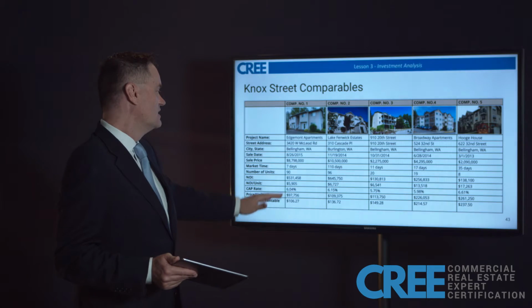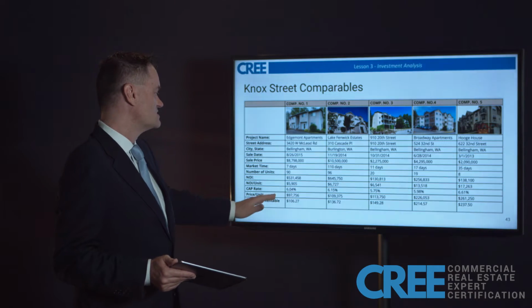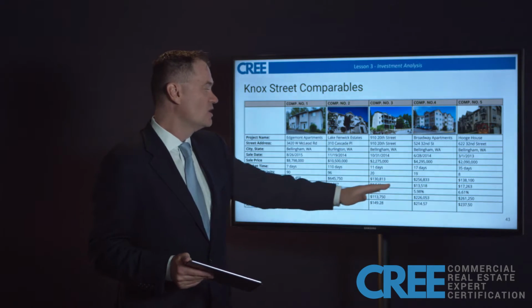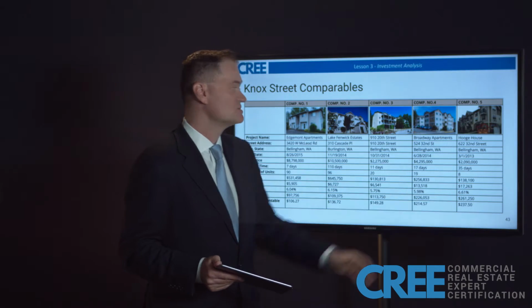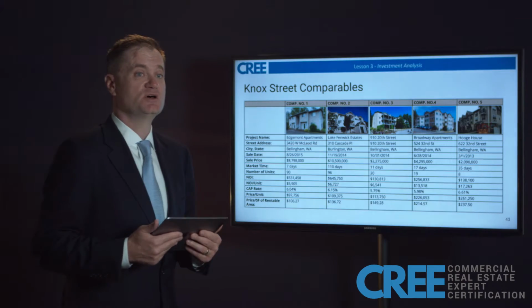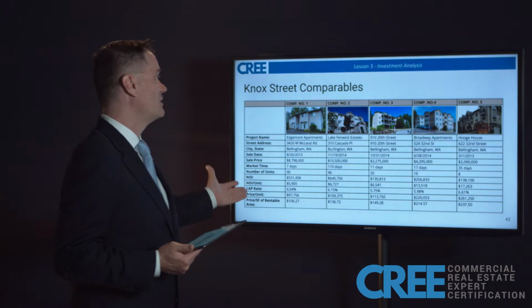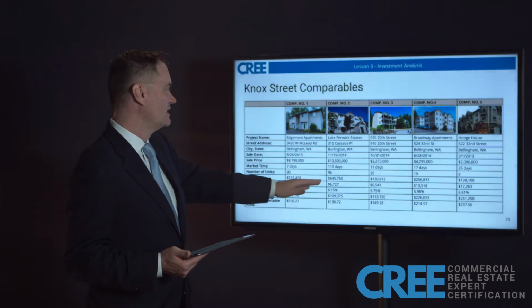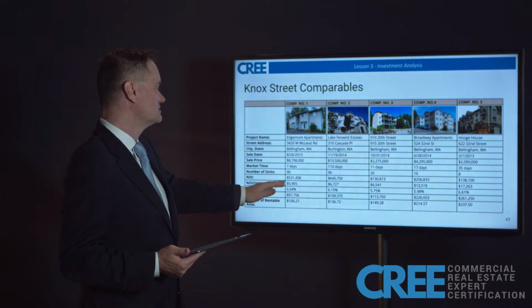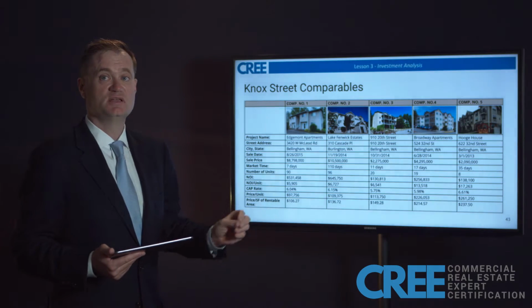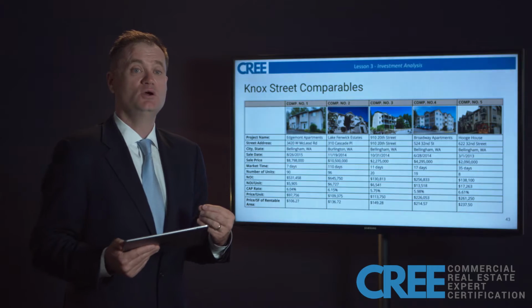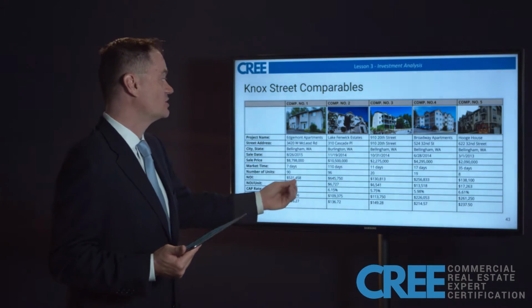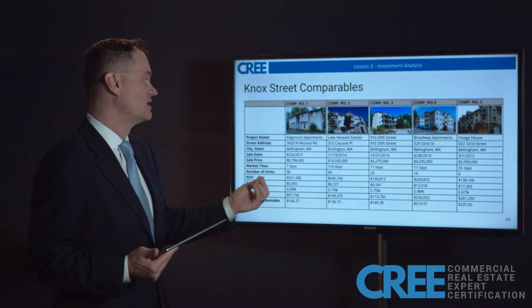And so again, a lot of these cap rates, as you can see from the market, were between 5.75 and 6.6. And so the cap rates that we used for this particular property are all an indicator of the NOI to the purchase price. And so as we extrapolate those out, we get what it is. And this is a good grid for you to then look at and analyze properties.